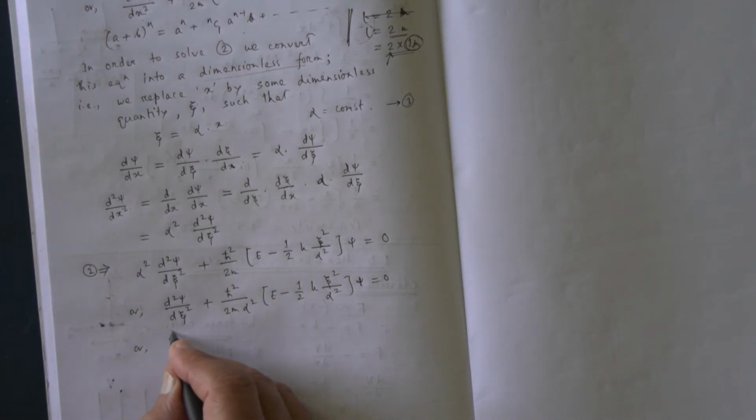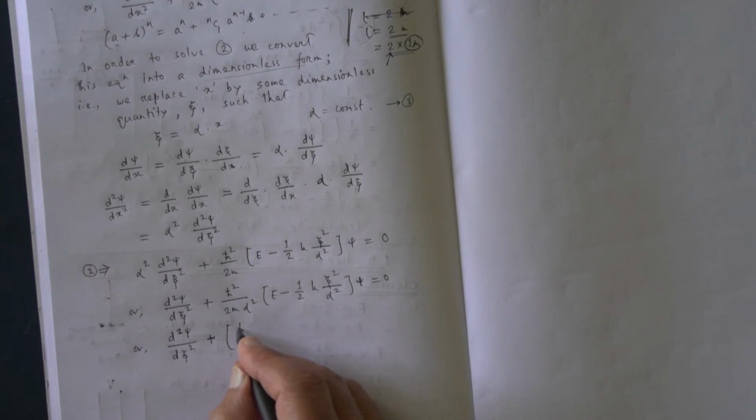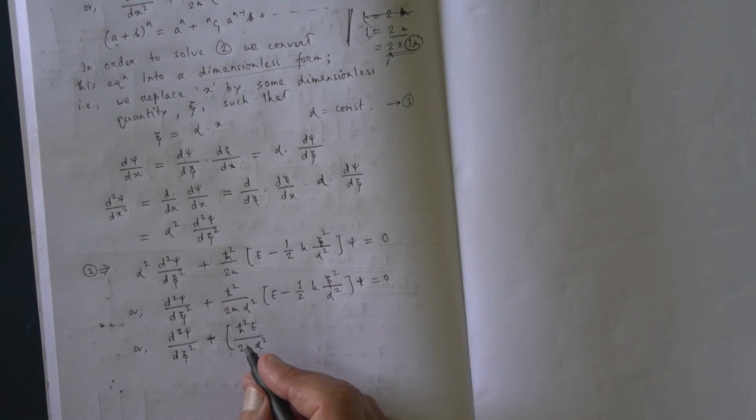Or we can write d2 psi by d xi square plus h bar square by 2m alpha square... Oh, what have I done?